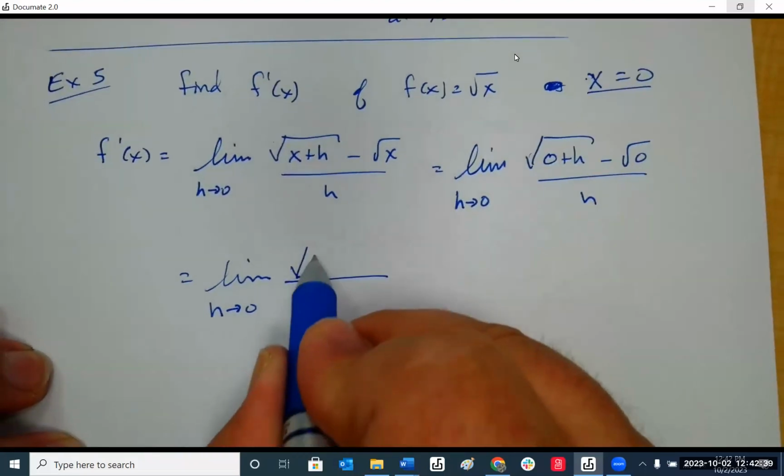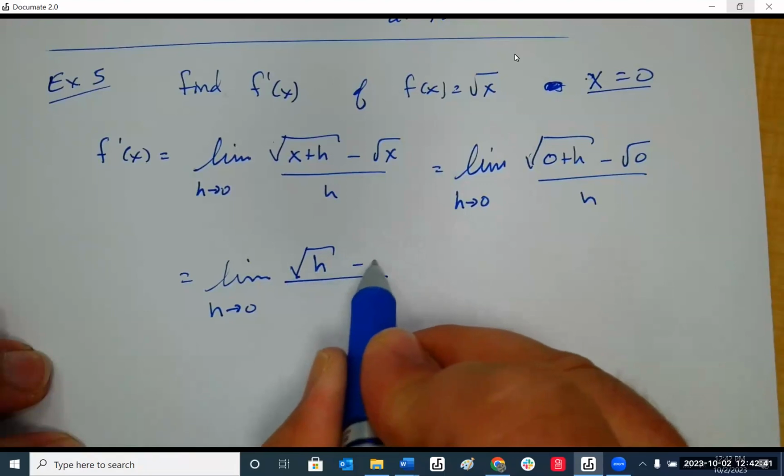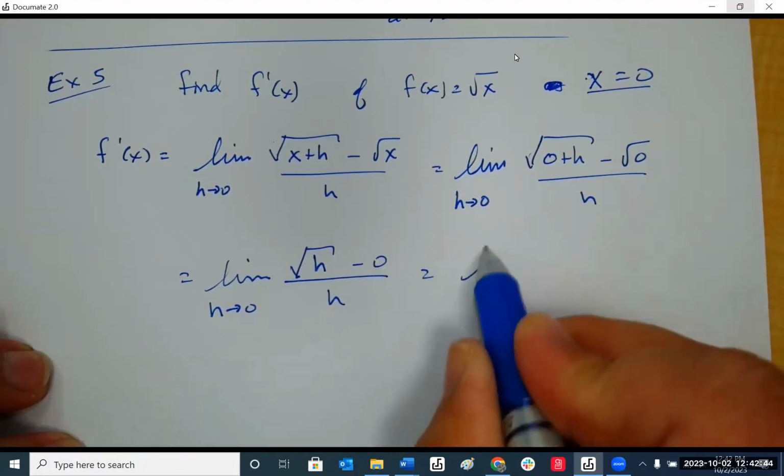So we have square root of h minus 0 over h.